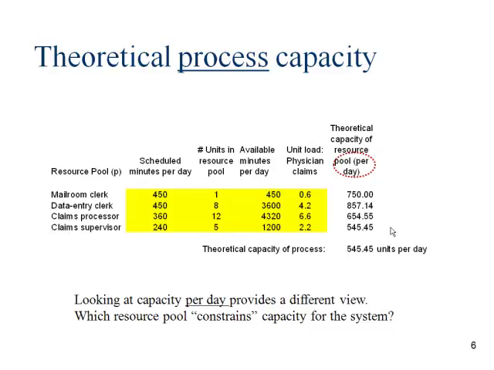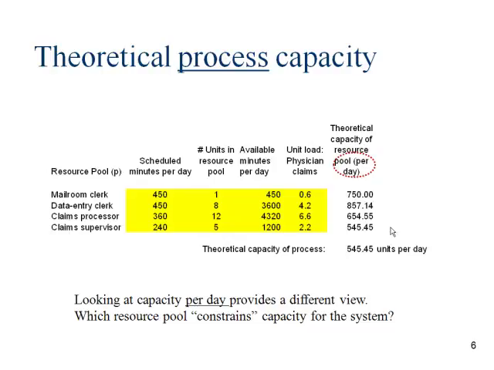It is constrained by the claims supervisor. Another way to look at it is, even if we had more mailroom clerks, more data entry clerks, more claims processors, it's not going to affect the capacity of the process because we're limited by what the claims supervisors can do. If we want to expand the capacity of the process, then we're going to need to find some way to expand the available minutes per day for the claims supervisor, either by having more folks working there or having them work more minutes.